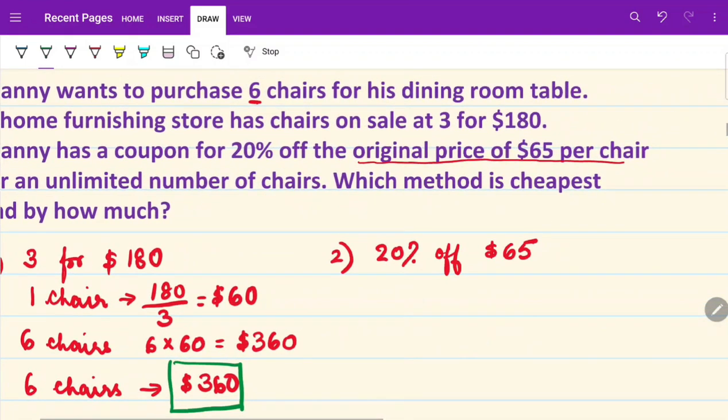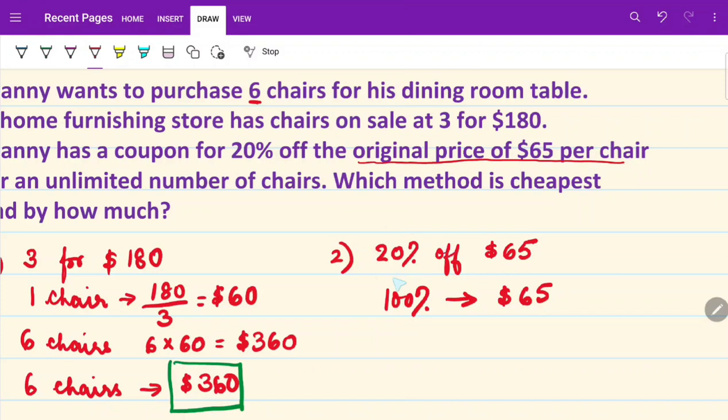The second option is using the 20% coupon on $65. So if Manny was to pay 100%, let's say the coupon was not there, and he had to pay 100% of the original price, right? So 100% price is $65, correct?